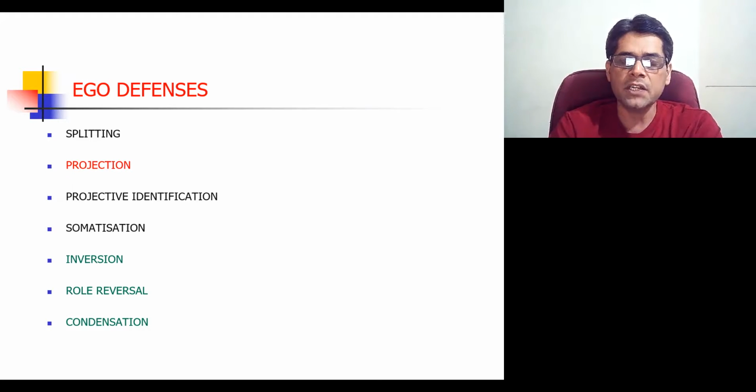One is during the session itself, and second is what I call delayed projective identification. That some time passes after the session is over and then you start feeling those feelings or you start getting those visuals. So it's a very complex mechanism. In this mechanism, what the person is doing is the person wants to experience something, say anger.